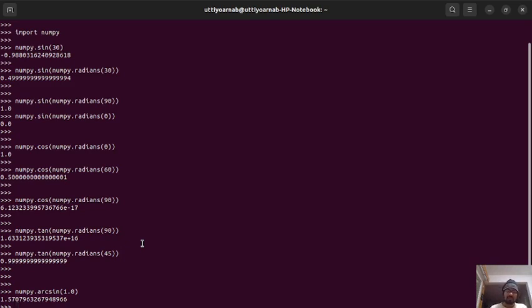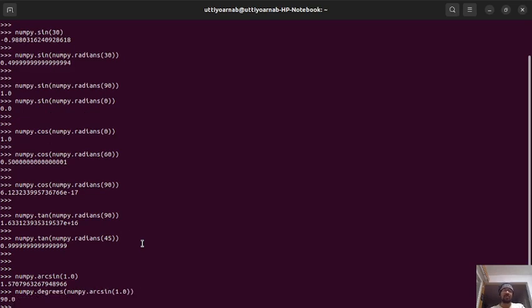So you write numpy.degrees, another function which converts the value to degrees, and you put the previous expression inside this degrees function as argument, so you put 1.0. First the inverse sine of 1 is found, and then that is converted to degrees, so you get 90 degrees.